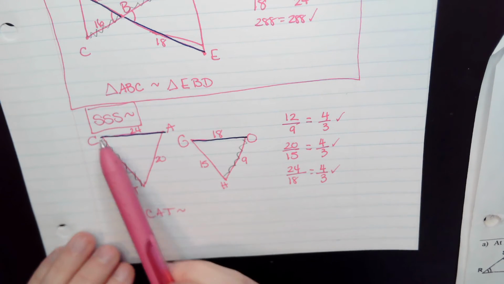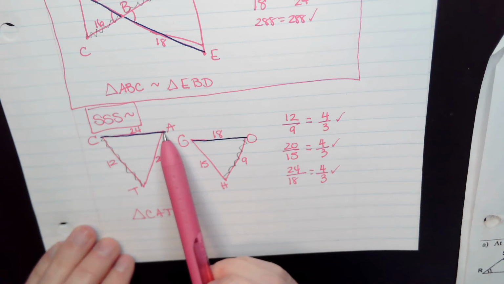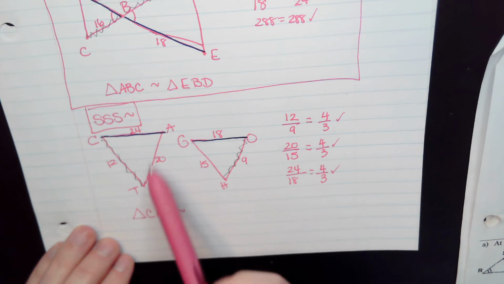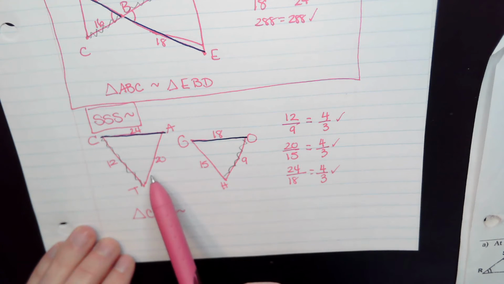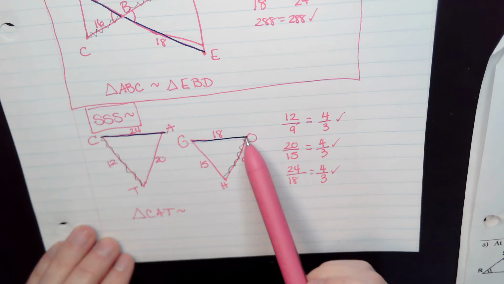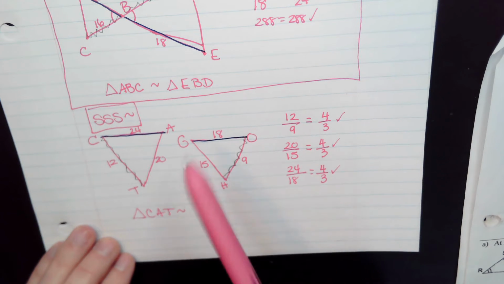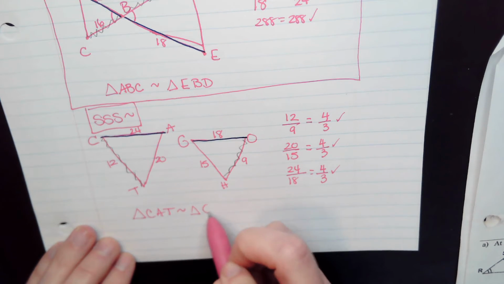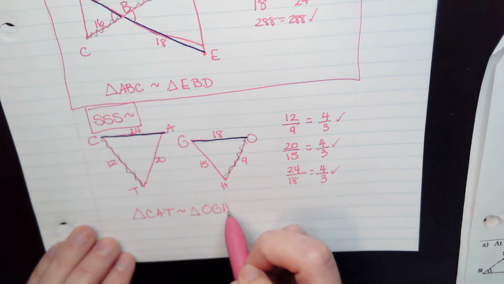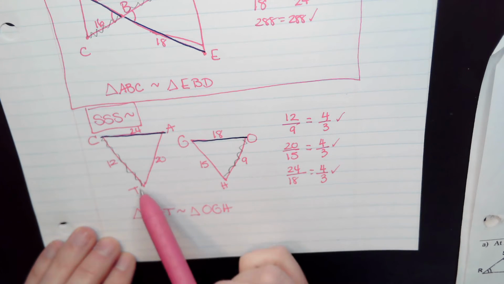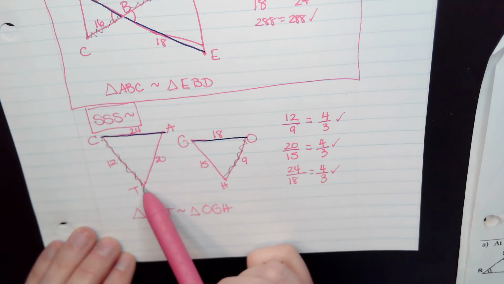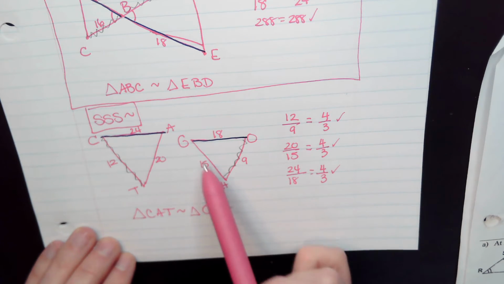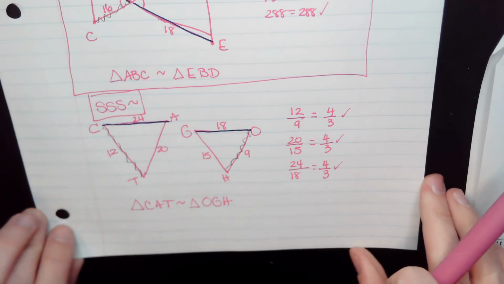So if I went from C to A, that means I went towards the blank side here. So I'm going to go towards the blank side. So that would be O to G to H. So CAT is purple, blank, next. So we want to go purple, blank, next.